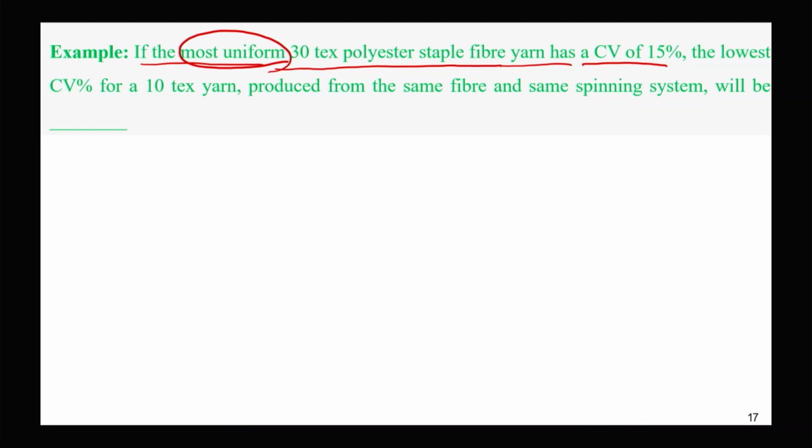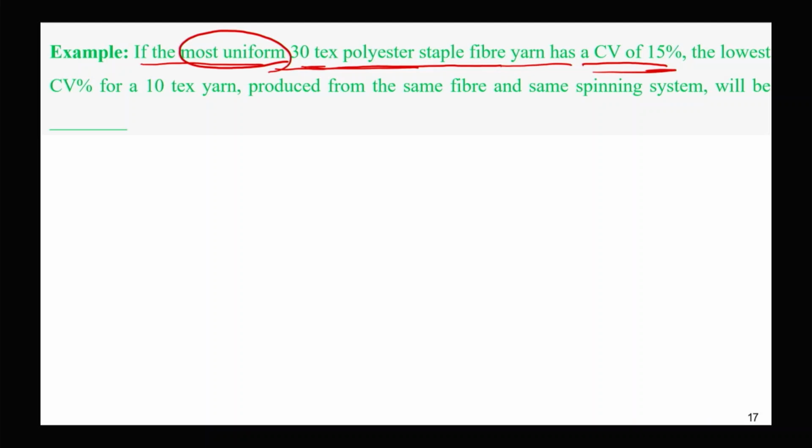That means we cannot produce a 30 tex yarn with less than 15%.